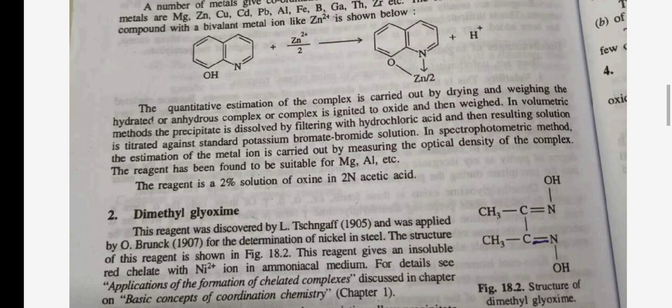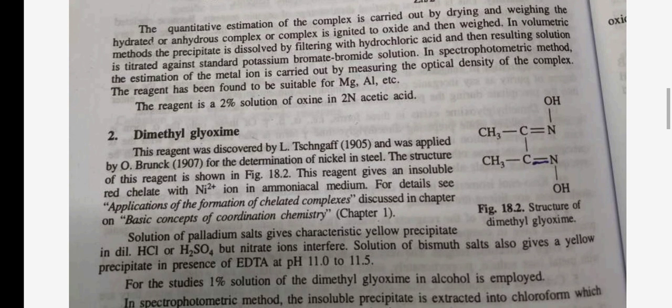In the spectrophotometric method, the estimation of the metal ion is carried out by measuring the optical density of the complex. The reagent has been found to be suitable for magnesium, aluminium, etc. The reagent is a 2% solution of oxine in 2N acetic acid.